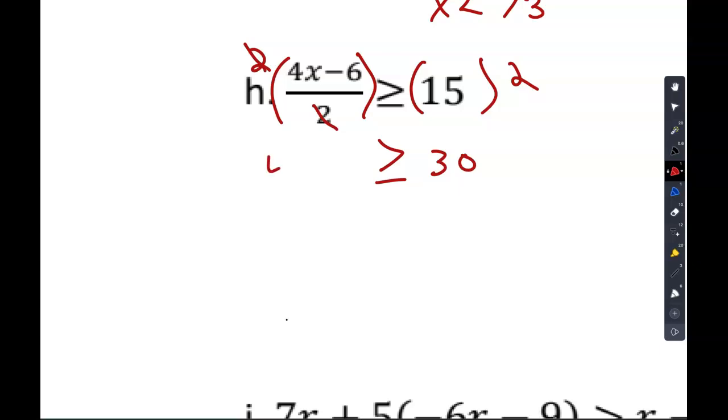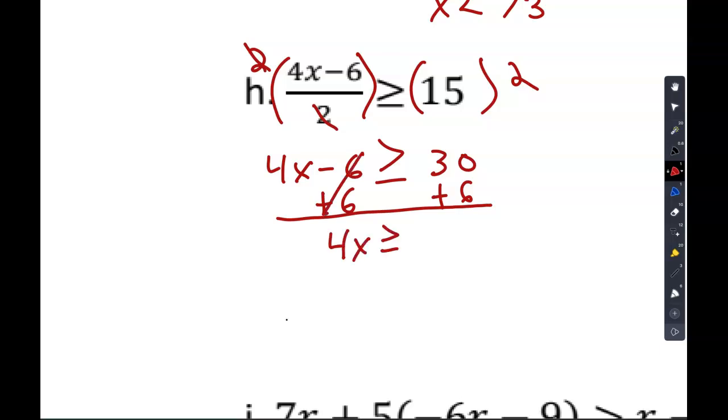Bring it down to 4x minus 6, and I'm going to add 6 on both sides. This will cancel out, bring down 4x greater than or equal to 36. Divide by 4. x is greater than or equal to 36 divided by 4, which is 9. No need to swap the inequality.